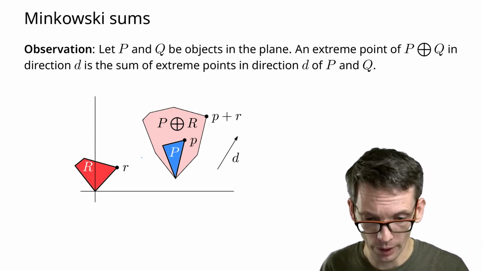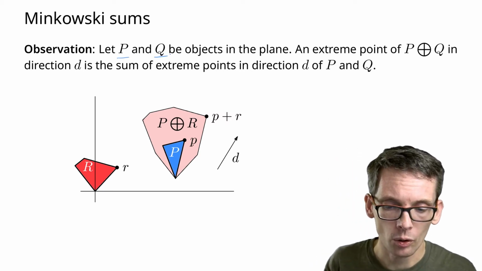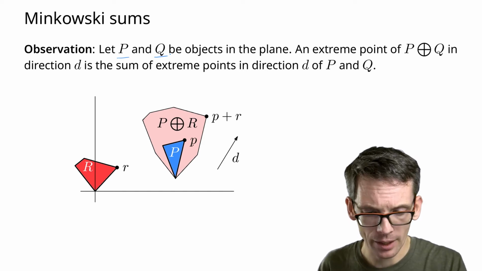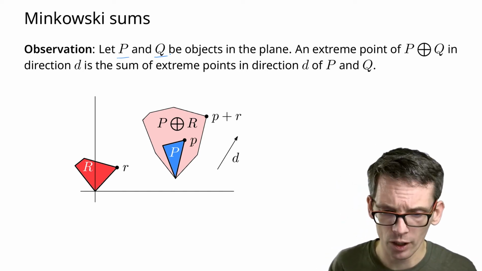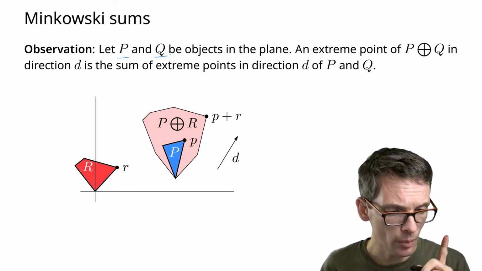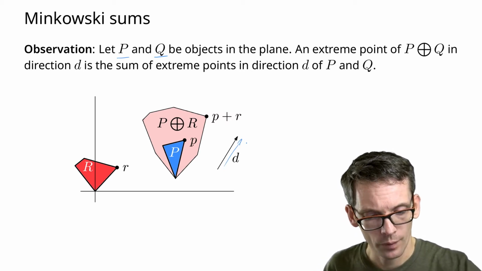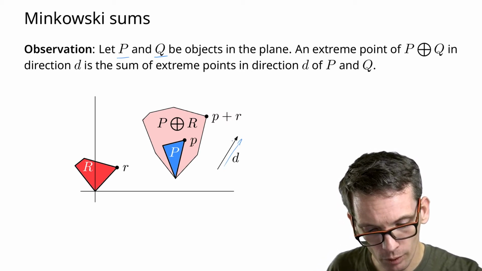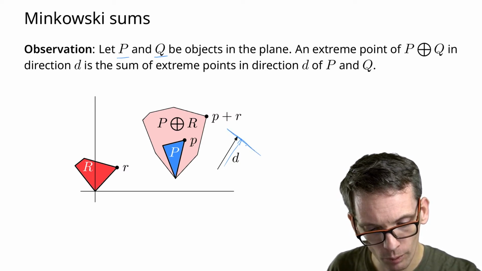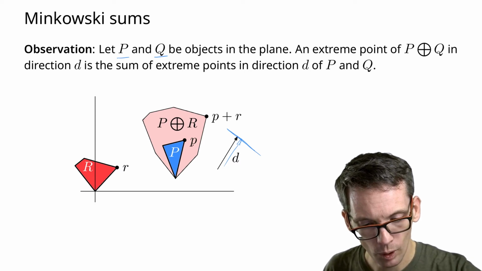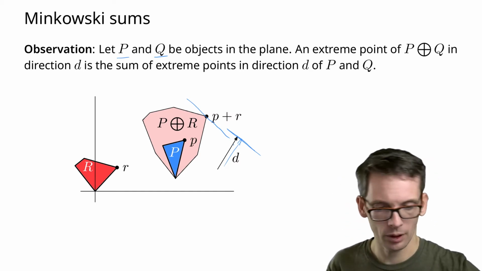First of all, the following. Let's say I have two sets or two objects P and Q. In my example, instead of having Q, I will have this R for the robot. But in the observation, I use P and Q. So the extreme point of P plus Q in some direction d, so here I have a direction d and I want to know what is the extreme point in that direction. If I take the line orthogonal to d, what is the last point that this line touches, which is here, more or less.